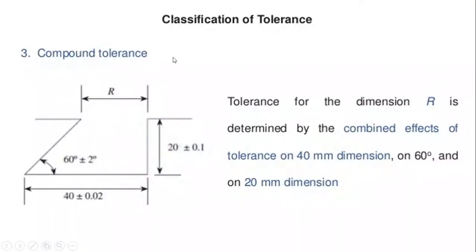And compound tolerance, let's see the diagram. The tolerance of the dimension R is determined by the combined effect of the tolerance of the 40 millimeter diameter, plus or minus 0.02, and this angle of 60 degrees, which is also plus or minus 2 degrees, and the 20 diameter, 20 plus or minus 1.